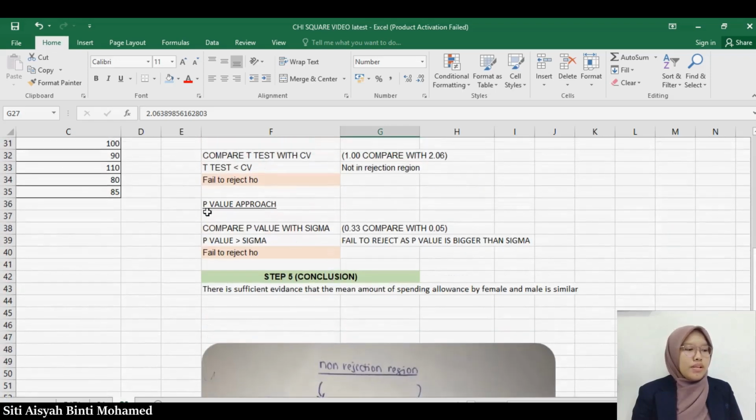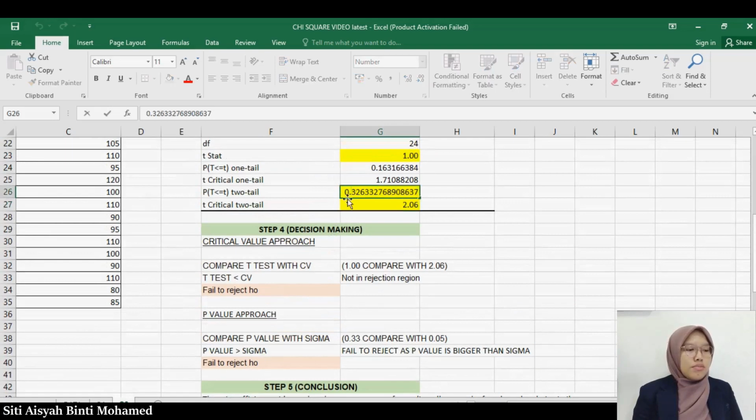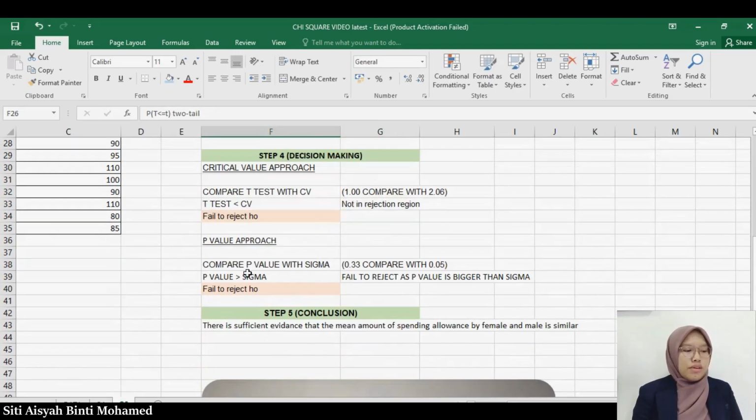Moving forward to the p-value approach, we need to compare the p-value with the sigma. The p-value here is 0.33 and the sigma is 0.05, which means the p-value is bigger than the sigma. Therefore, we fail to reject H0, which is the same as in the critical value approach just now.